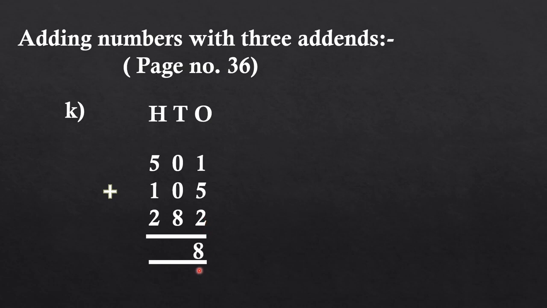8 here. Okay, and here at tens place you can see we have 0, 0 and 8, and when we add 0 to any number we will get the same number, so we will write 8 here. At hundreds place column, 5 plus 1, 6, 6 plus 2. So after 6 you have to count two numbers, 7, 8. So we will write 8 here.